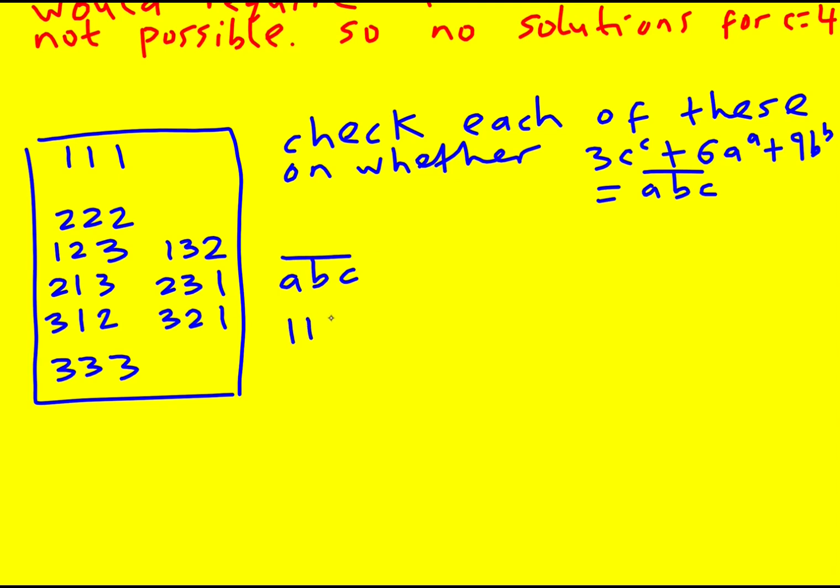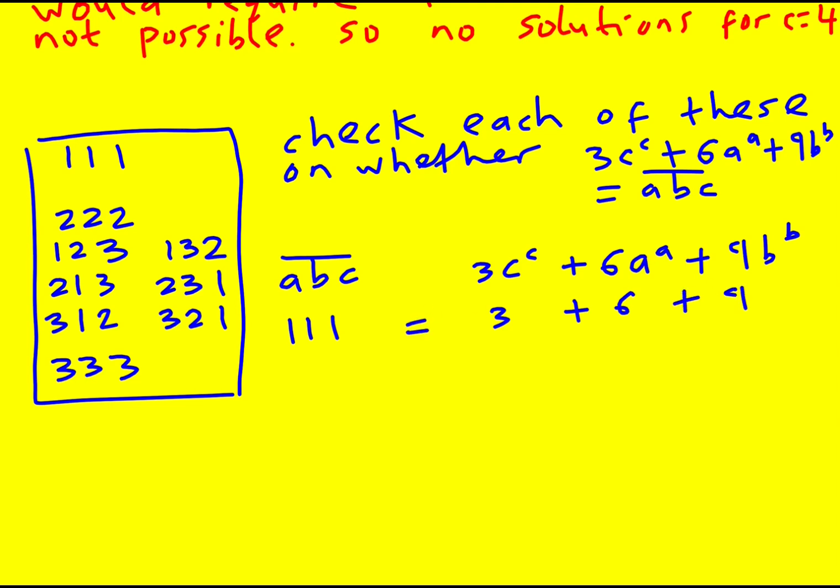First one's going to be 1, 1, 1. And then I've got my 3c to the c plus 6a to the a plus 9b to the b. For 1, 1, 1, it's going to be 3 times 1 to the 1, so that's just 3, plus 6, plus 9.